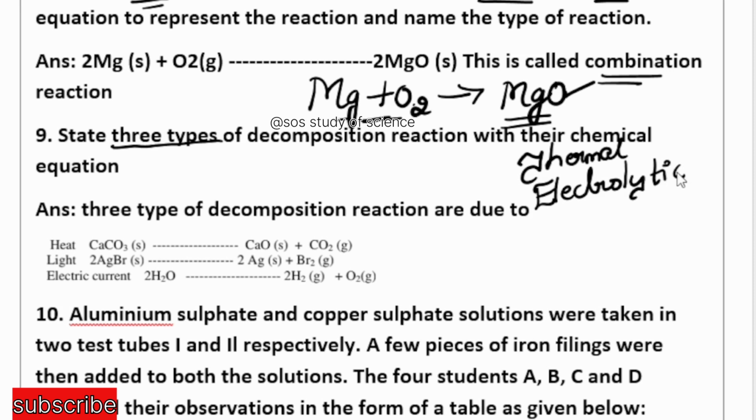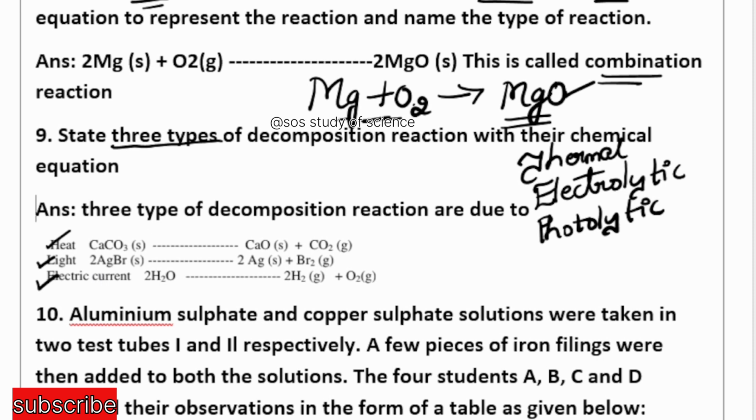And the third one is photolytic. Thermal, electrolytic, photolytic decomposition. When I talk about thermal, children, we always talk about heat. When I talk about electrolytic, we always talk about electric current. When I talk about photolytic, it is always related to light.